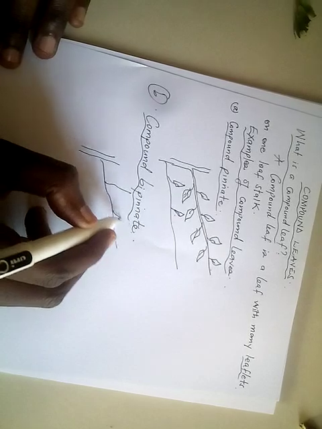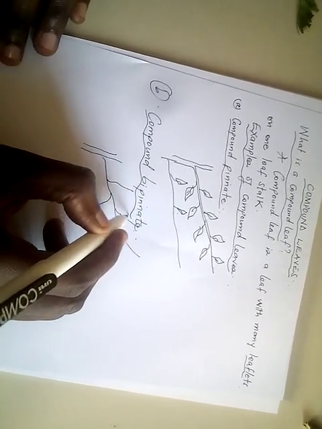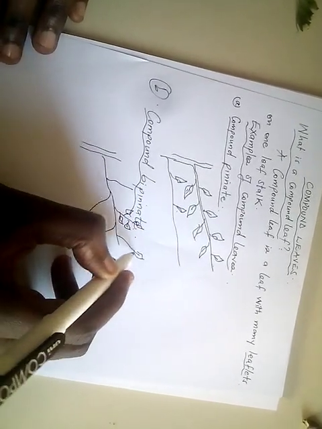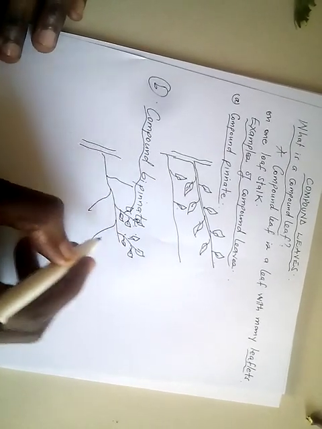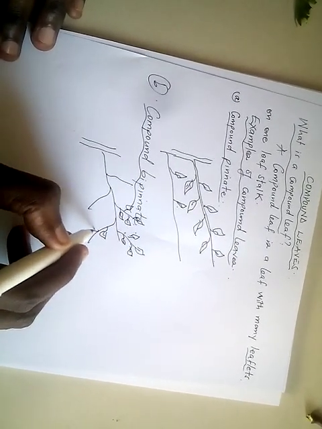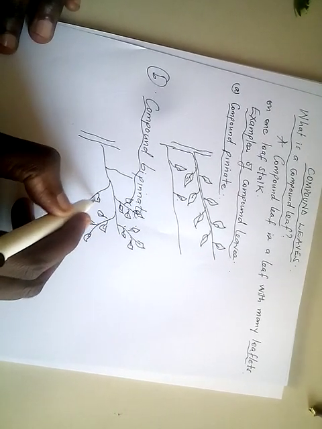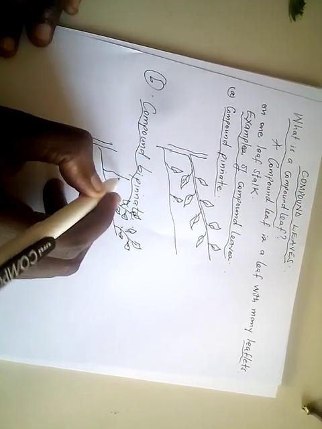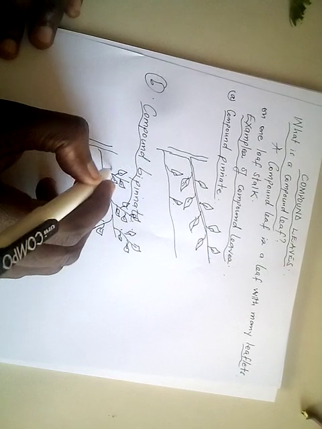When you look at the branch, it has very many leaflets like that. These are the leaflets on a compound bipinnate leaf. It looks like this. These ones which I'm drawing very fast are the leaflets. I will show you an illustration physically, and you will also be able to look for these compound bipinnate leaves.